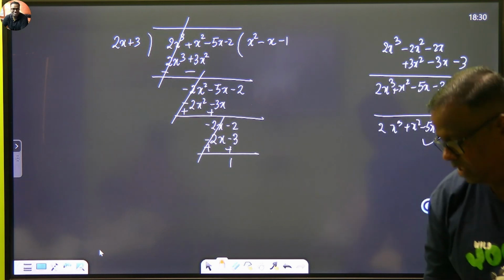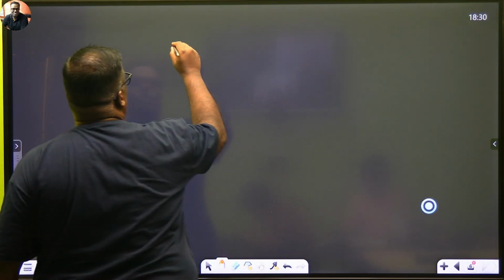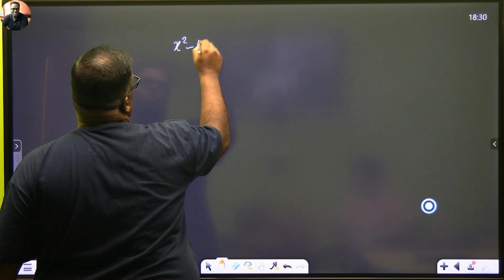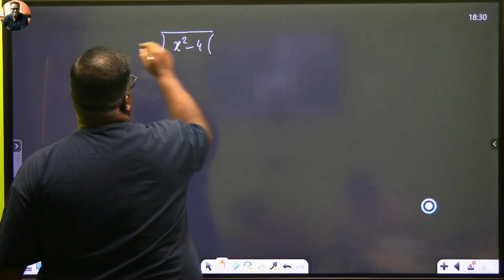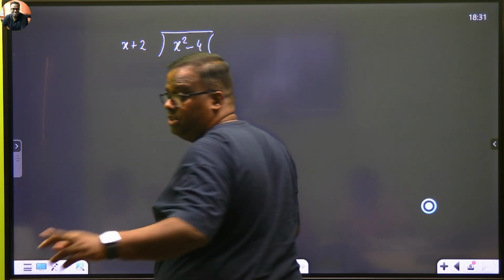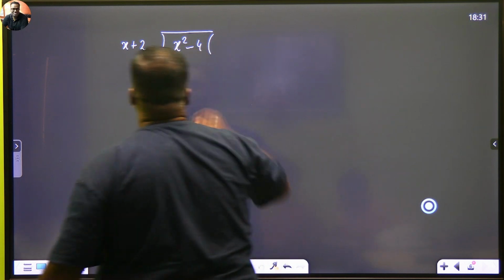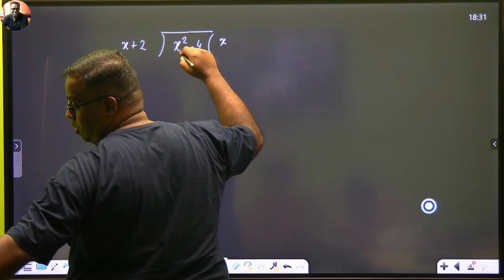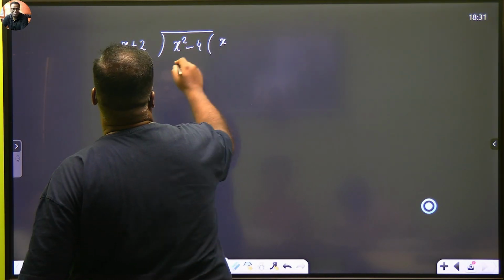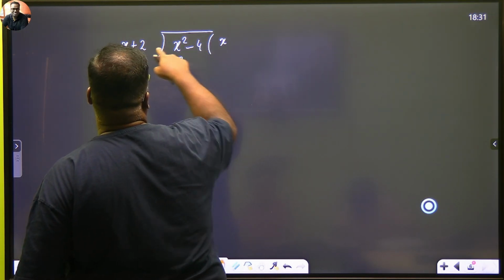It will get recorded. So 4th question was x square minus 4 being divided by x plus 2, right? This was the problem. So you start with x, and you can watch once again. X into x will give you an x square. 2 into x is a 2x, and a 2x is not present here.